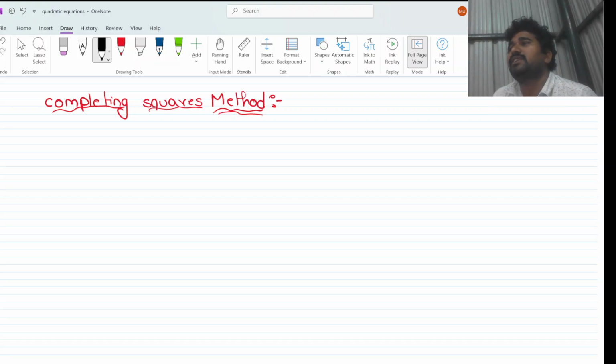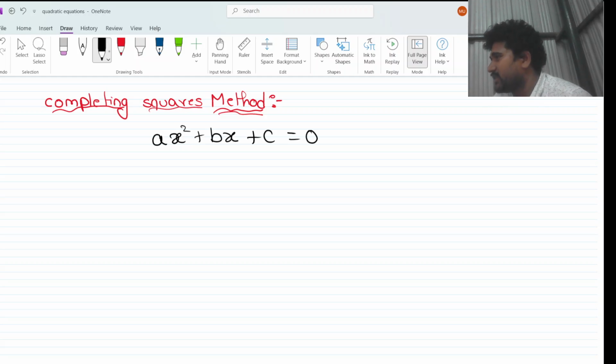See this here. Listen. How is the quadratic equation? Ax square plus bx plus c equal to 0. This is your quadratic equation, right? Remember step 1. The coefficient of x square should always be 1.